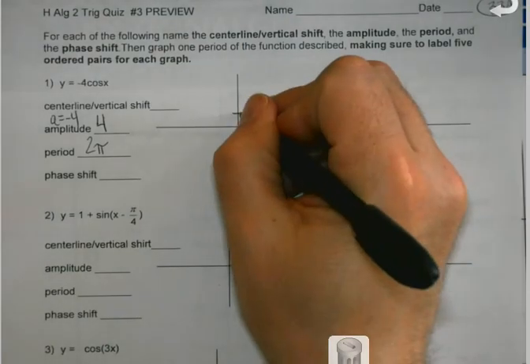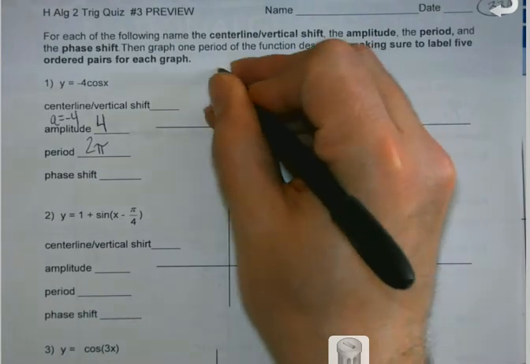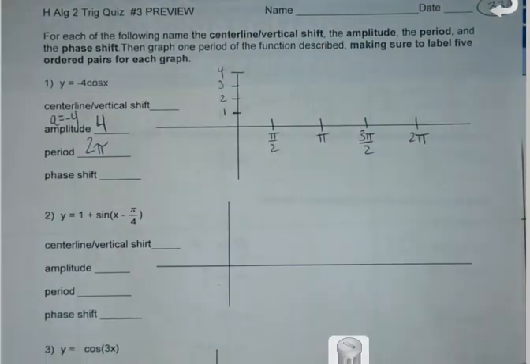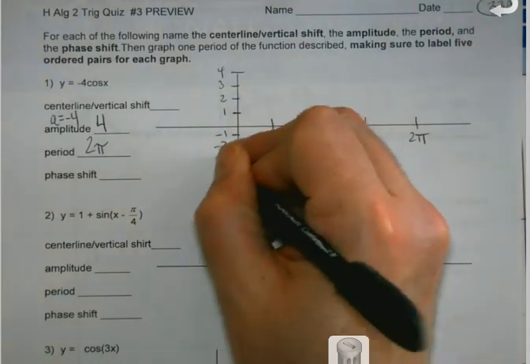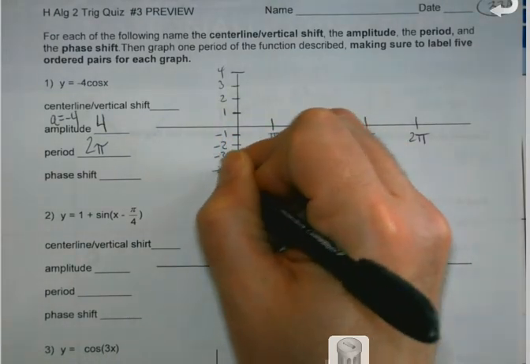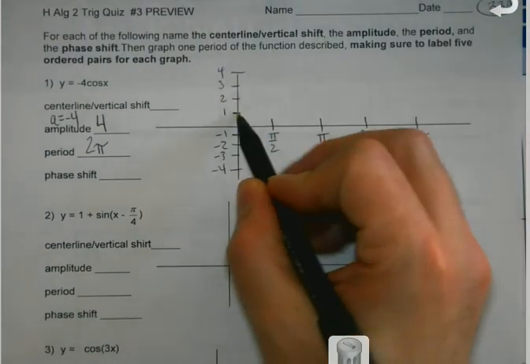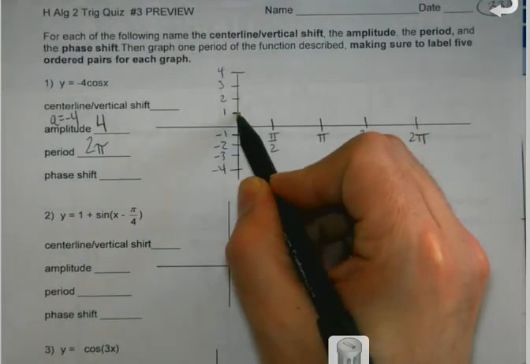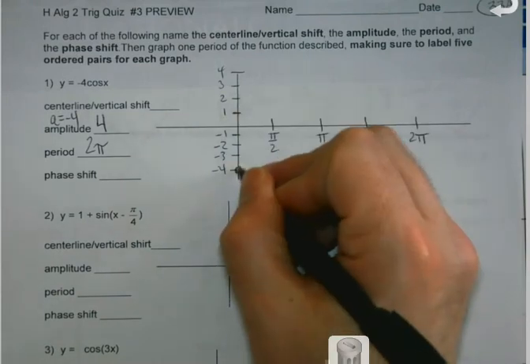So normally, since it's cosine, we would start at 1 and work our way along. But we have an amplitude this time of -4. So instead of starting at 1 like I normally would, I'm going to start at -4.